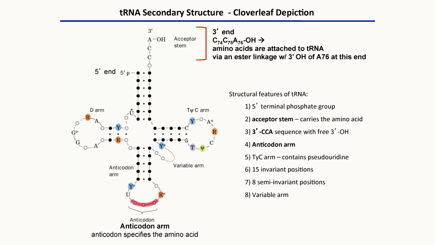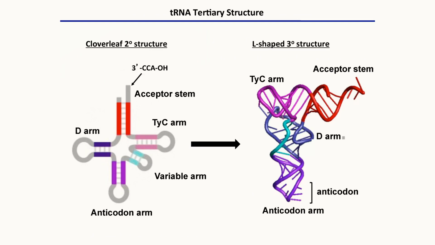So here's a schematic of a tRNA secondary structure with a bit more detail than what I showed you on the board. And something we need to keep in mind is that even though we often draw the tRNA in this cloverleaf depiction, it has tertiary structure. So it's very important to think about this structure as we think about how the tRNAs enter the various sites of the ribosome.